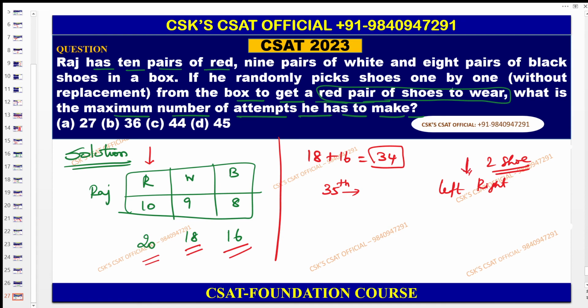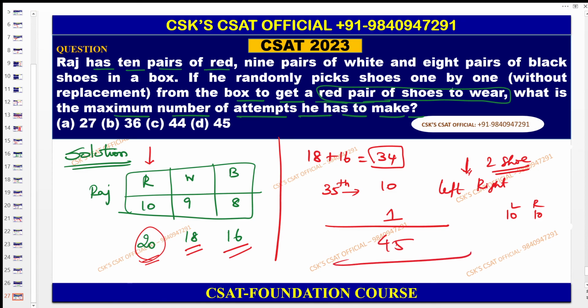If all the attempts, so here 20 red means surely 10 left will be there, 10 right will be there in that red. For all the attempts, if he takes all the 10 left shoes, the next one is going to be the right. So 1 more. Therefore here 45. So the answer for the question here is 45.